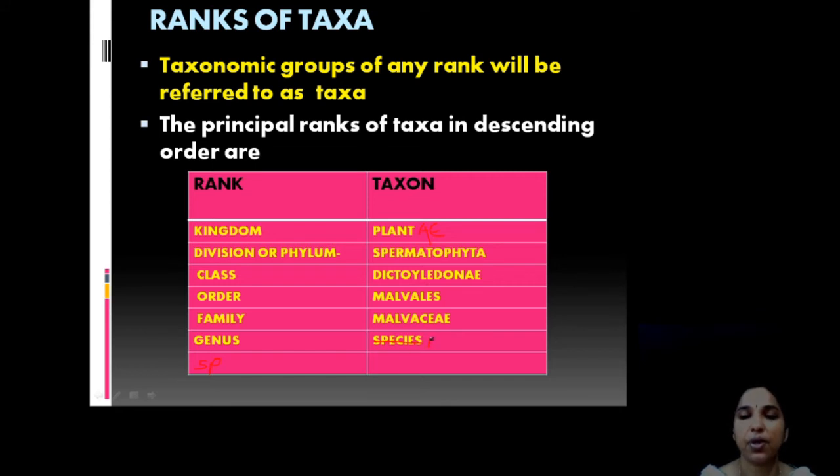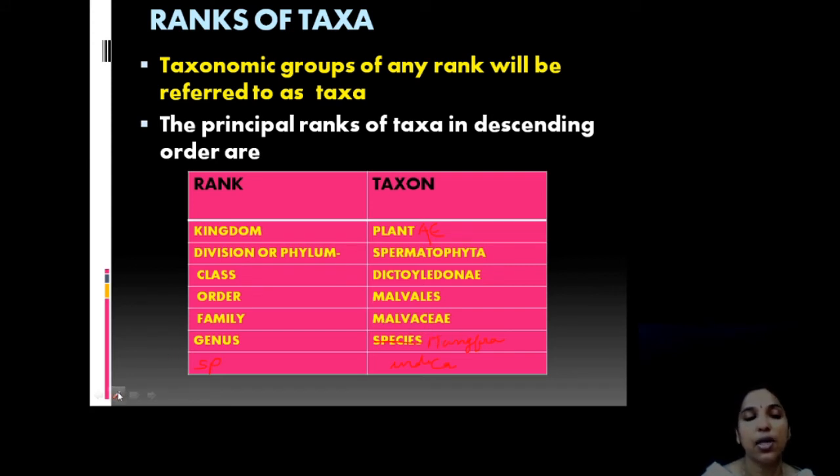If you want, you can write Mangifera, and for species you can write indica. So, these are the rank and taxon. Family, one example Malvaceae. Genus, one example Mangifera. Species, one example indica.